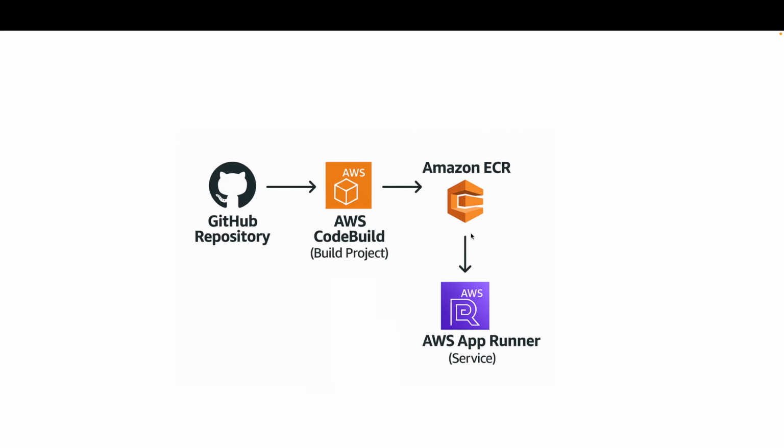Now our application is up and running, and the complete CI/CD is already implemented. So the moment you check the code into GitHub, it will automatically deploy through CodeBuild and then to ECR.